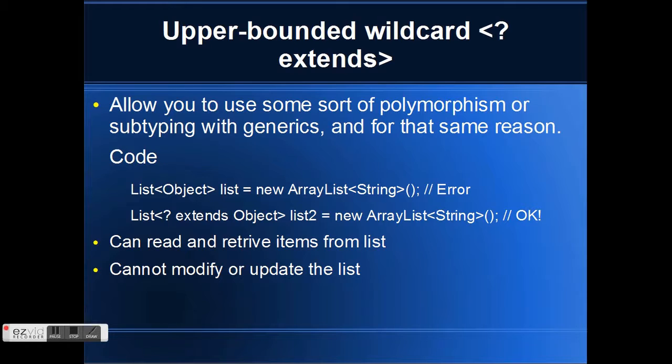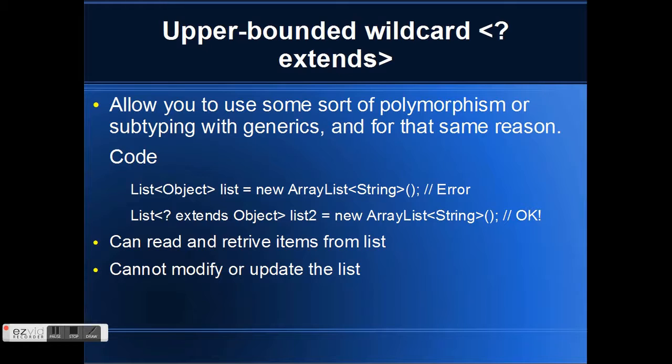It's not going to work. List<? extends Object> works with new ArrayList. The second list works because the question mark is extending the object, meaning it has the mother of all objects, and it's able to instantiate a string.